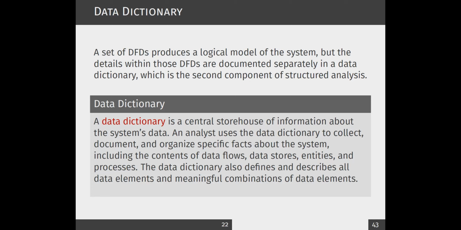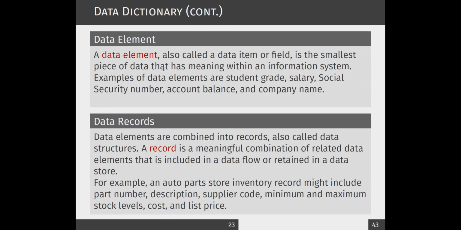In this way, it describes all the data elements in the data flow diagram. A data element can be called a data item or a field. That is the smallest piece of data that has meaning within the information system.